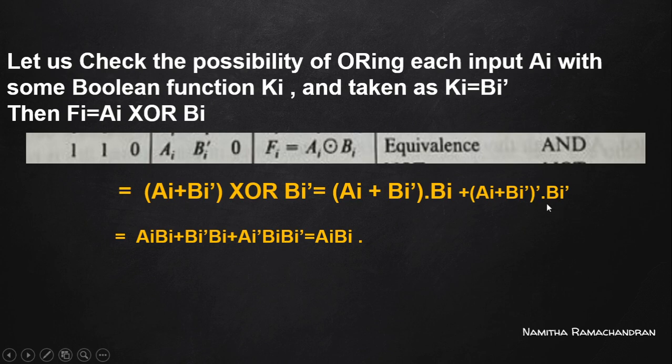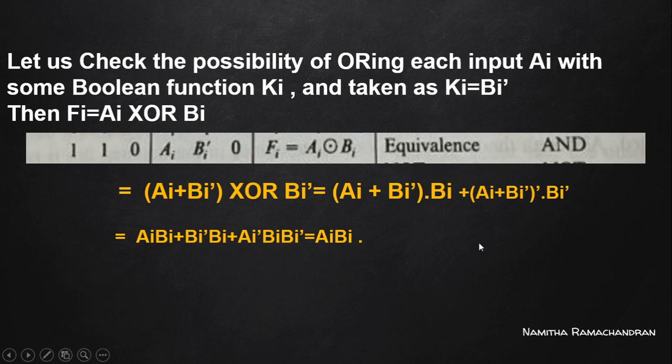Then the external Bi complement too. So this term becomes Ai Bi. This becomes 0. This again becomes 0 because Bi and Bi complement is 0. So the result is equivalent to AND operation over Ai and Bi input.